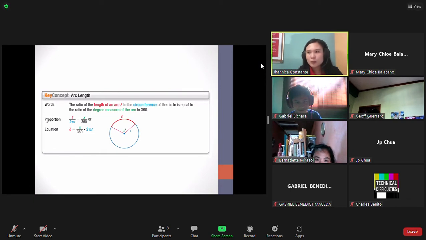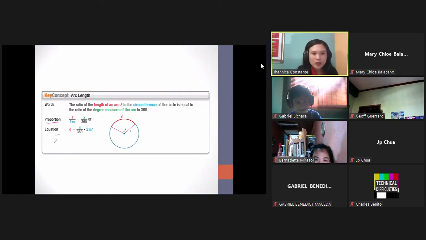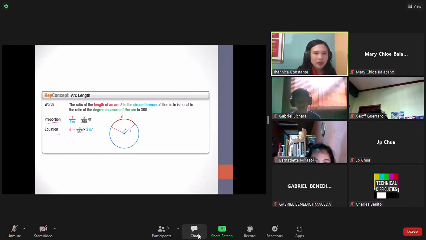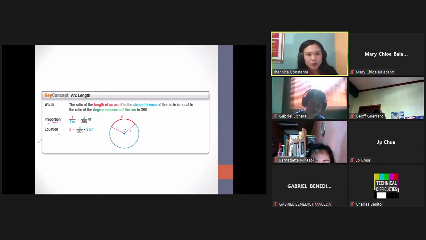You can use the proportion or the equation wherein arc length is equal to the angle divided by 360 times 2 pi r, or 2 times the radius. You can use these two formulas in finding the length of the arc.